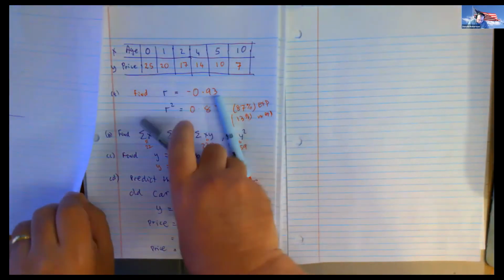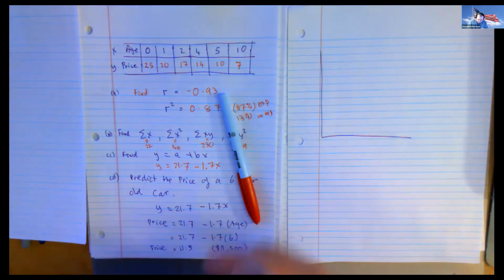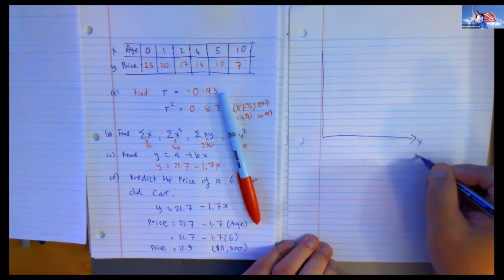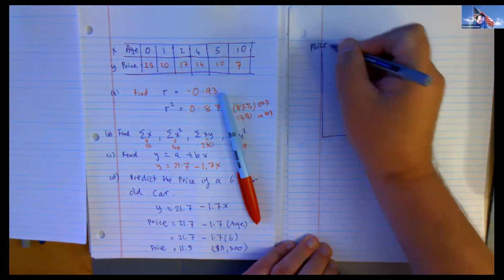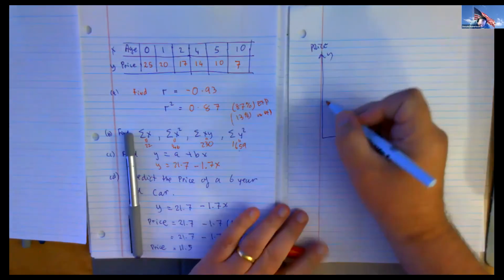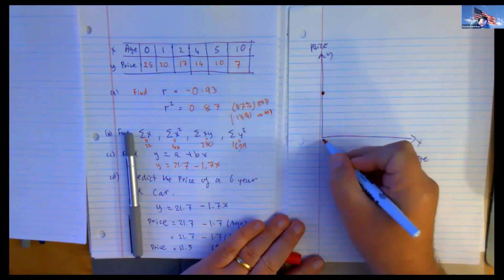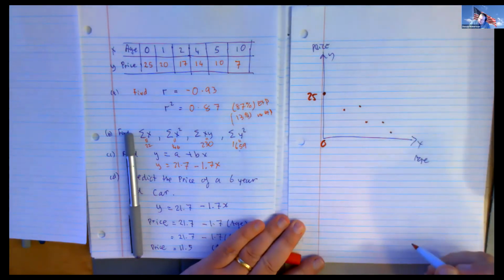So it sounds like a contradiction. I'm going to try and explain why it's not. So this is X, the age, and this is the price, and this is Y. So if I did the data, can you imagine that one there at 0 was 25, but the other dots kind of looked something like this, right?